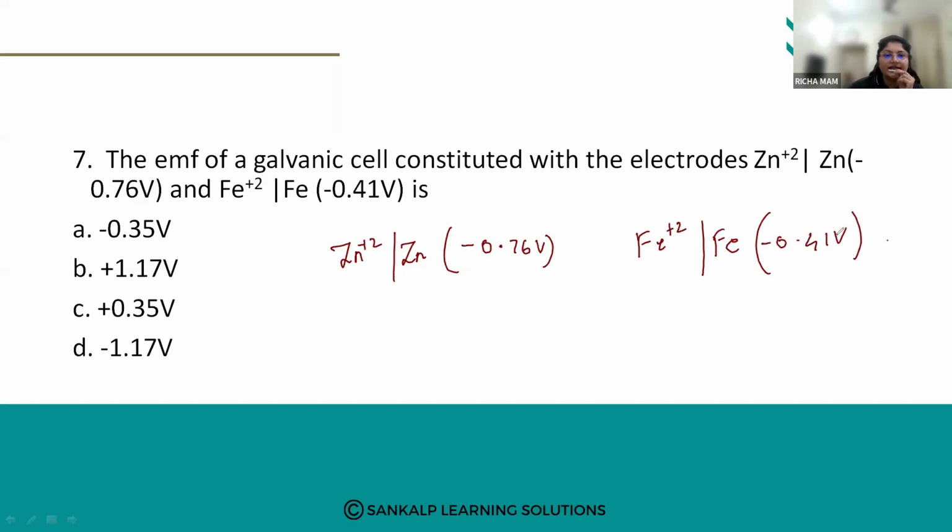So calculate the EMF of the cell. Simple question. Half cells are given, find out. I'll give the formula: E naught of cell is equal to E cathode minus E anode, or E reduction.